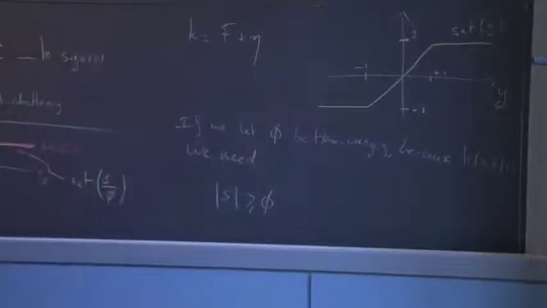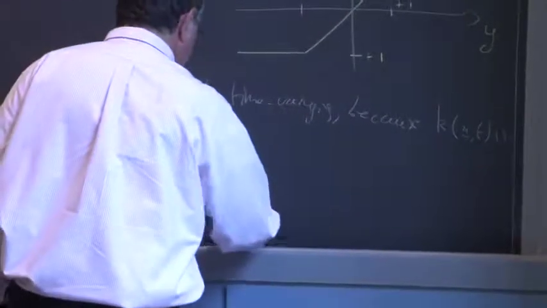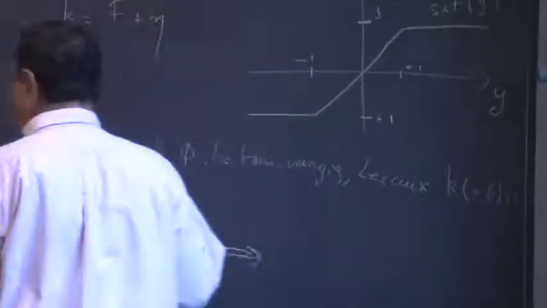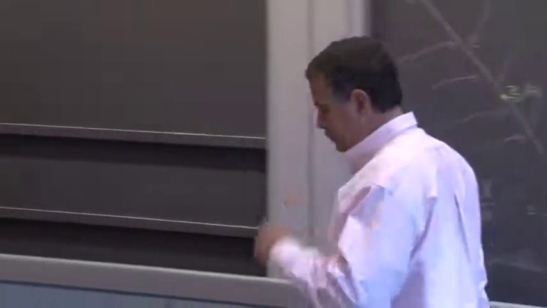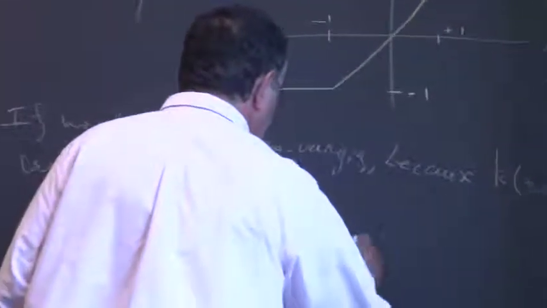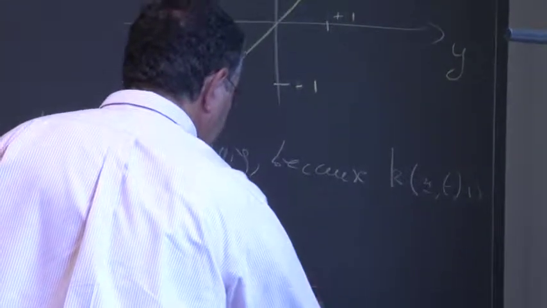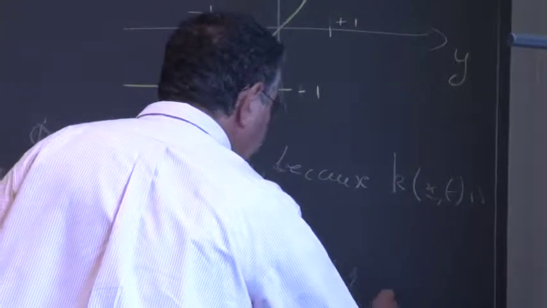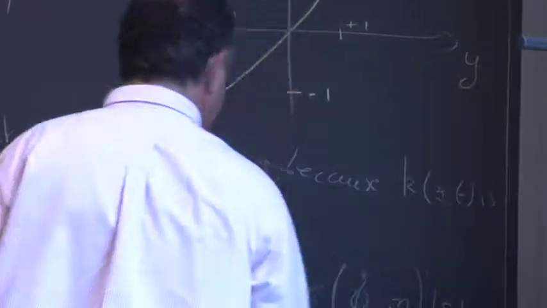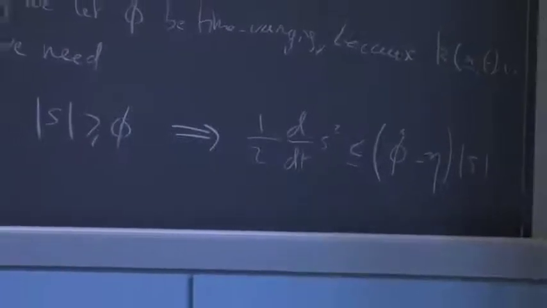Before, we just used this condition outside of the boundary layer, and it's very easy to show. Now we need a slightly more specific condition which involves how phi varies. That condition will be that 1/2 of d over dt of s squared is less than phi dot minus eta times s. So in other words, you have this extra term. Maybe I'll put it in another color.